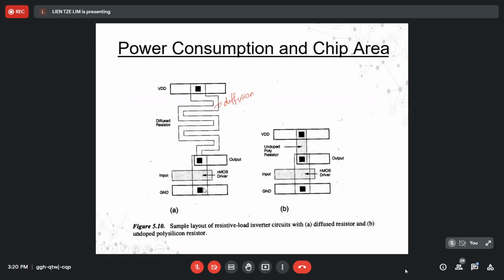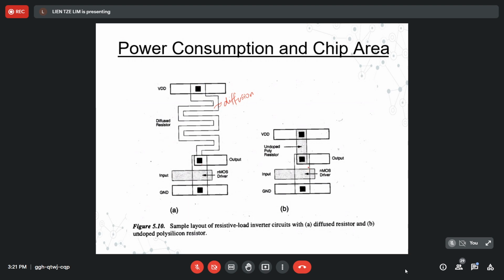So this is the figure that was mentioned. As you can read just now, this resistor load circuit with the diffuse resistor is not suitable to be used in VLSI applications.